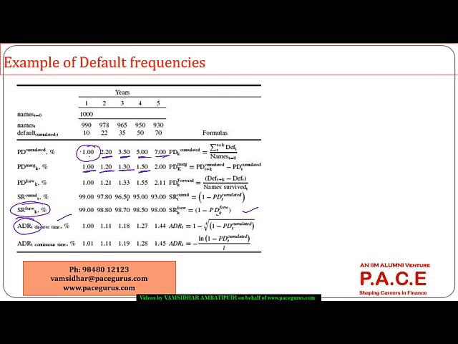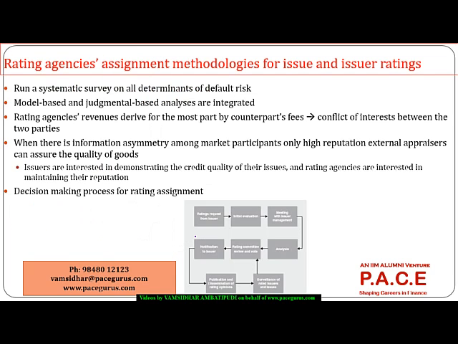I can take 1 minus the cumulative probability of default and take the t-th root of that to get the annualized default rate in discrete time as well as in continuous time. You can use all these formulas to get a hold on the various default frequencies that you typically need to compute.